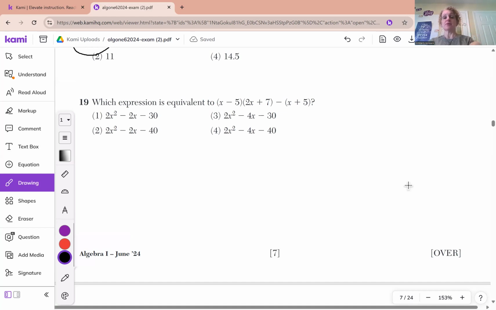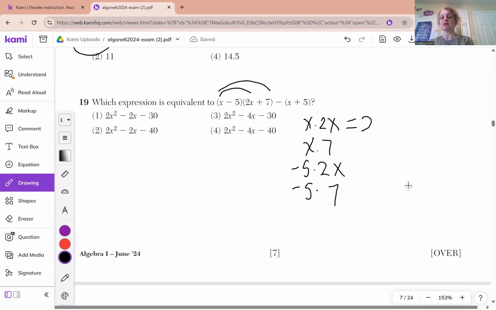Okay, so here we go. So we're going to double distribute. So x times 2x, x times 7, negative 5 times 2x, and negative 5 times 7. So we get 2x squared, we get 7x, we get negative 10x, we get negative 35.